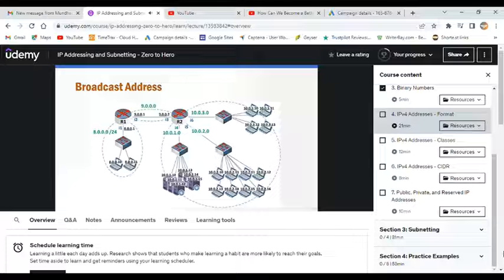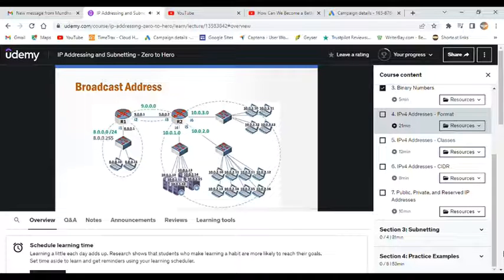So how do we figure out what's the broadcast address there? Well, we simply take the host portion and we turn it into ones in binary format. In decimal format, when we have 8 consecutive ones, that's 255.